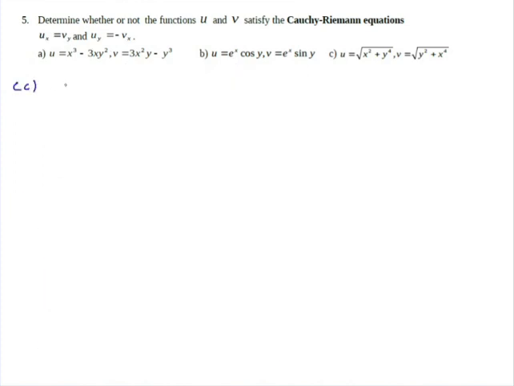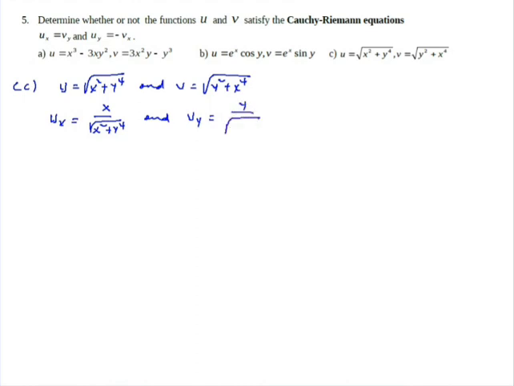Coming to c, u is radical x squared plus y to the power of 4, and v is radical y squared plus x to the power of 4. So ux, the partial derivative of u with respect to x, becomes x over radical x squared plus y to the power of 4, and vy is y over radical y squared plus x to the power of 4.